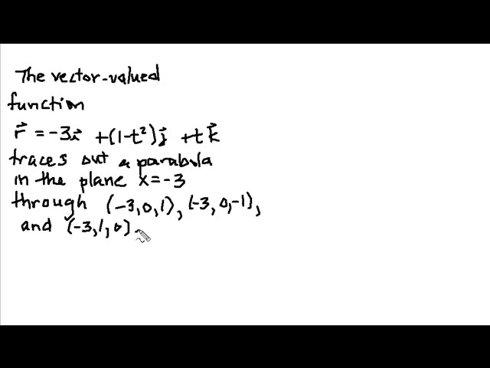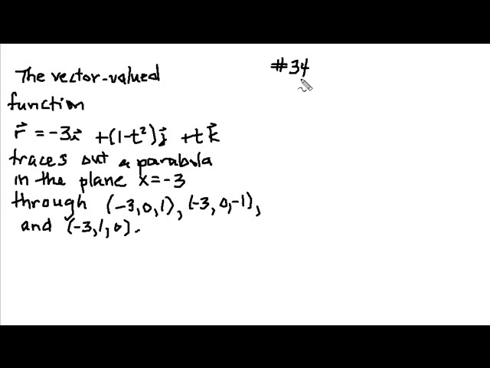Let's take a look at number 34 in the same section on page 868. Okay, number 34 is similar in that they're going to give us a vector valued function and ask about the graph. But in this case, they want us to sketch the graph, and they also want us to include, and you really have to be accurate, the direction of increasing t, in other words, the orientation. So we're going to have to put in the little arrows.